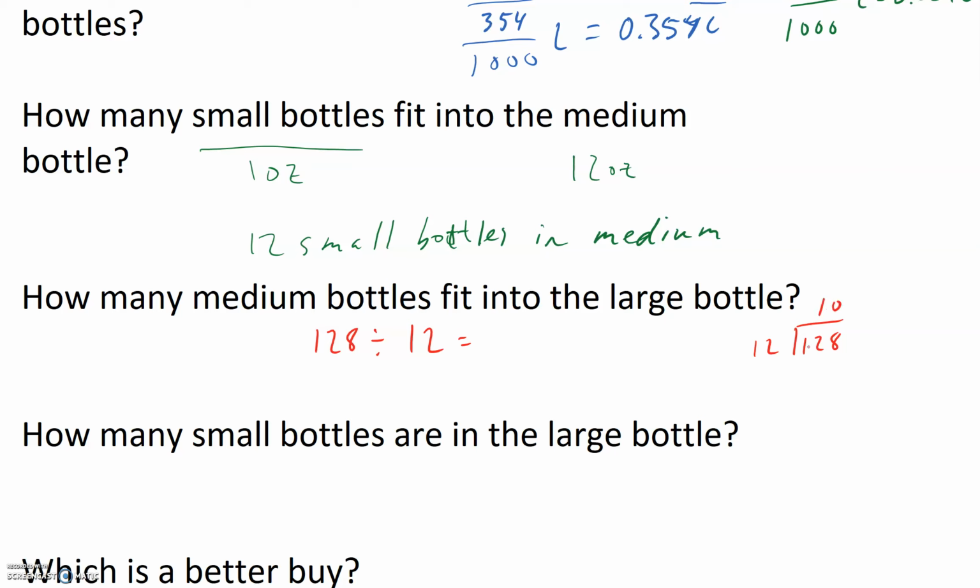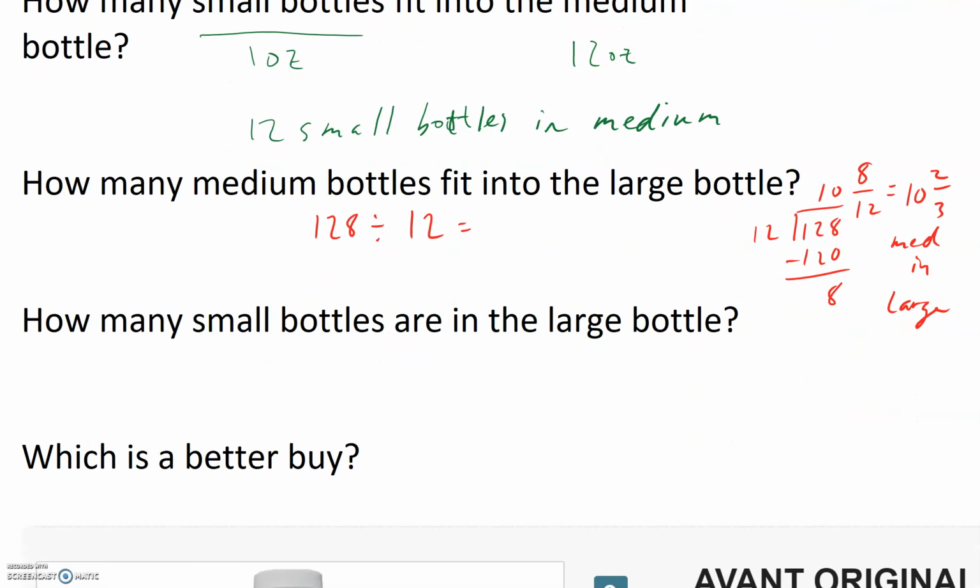I can take a 10 out of there, and I know that's 120. I subtract, there's 8. That means there's remainder 8. So instead of a remainder, it's going to be 8 over 12. That is 10 and 8/12. Divide both by 4, and it looks like 10 and 2/3 medium bottles in a large.